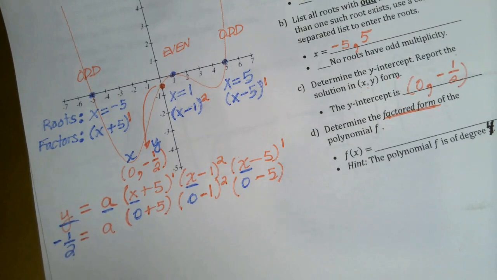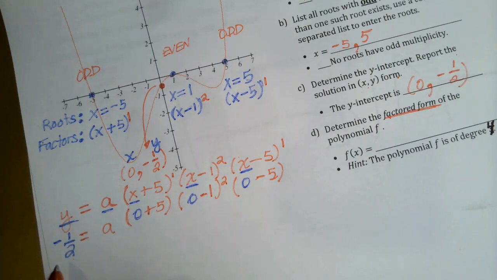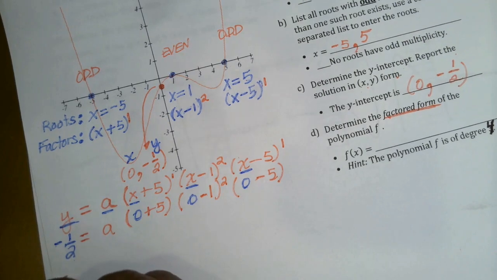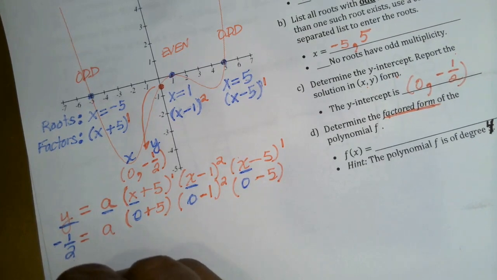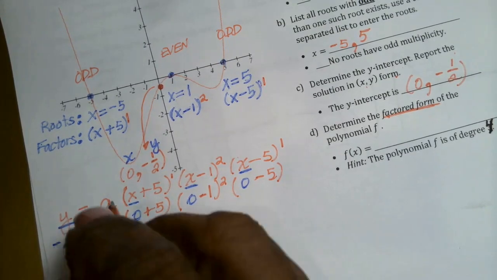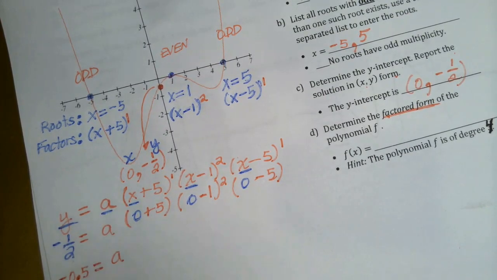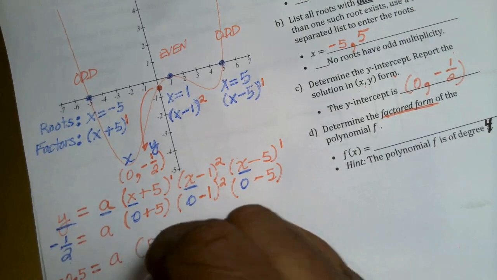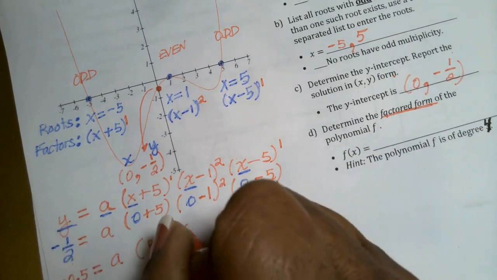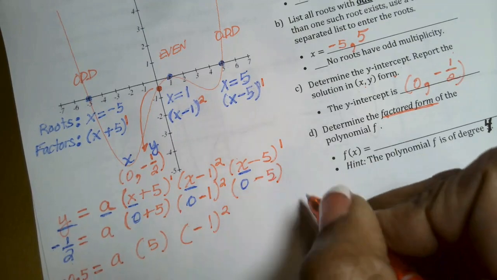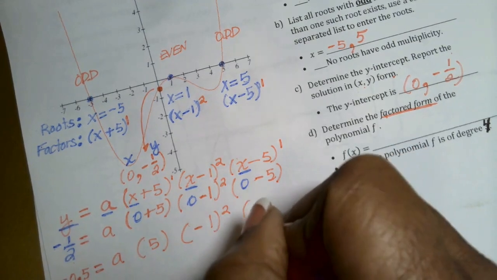And we clean this up a bit. I'm going to go ahead and rewrite negative 1/2 as negative 0.5. Just going to change it to its decimal form. A remains the same. 0 plus 5 is 5. 0 minus 1 is negative 1, all squared. 0 minus 5 is negative 5.